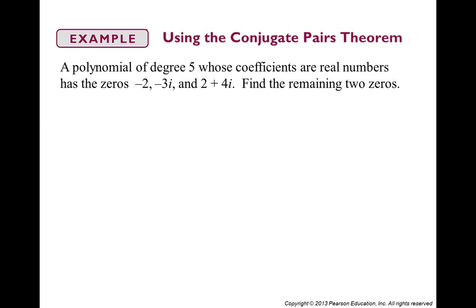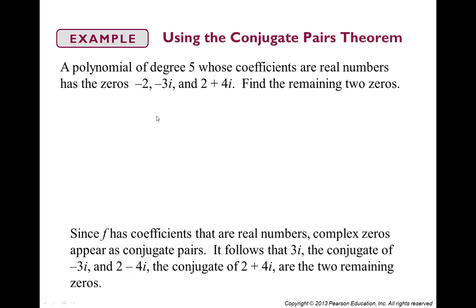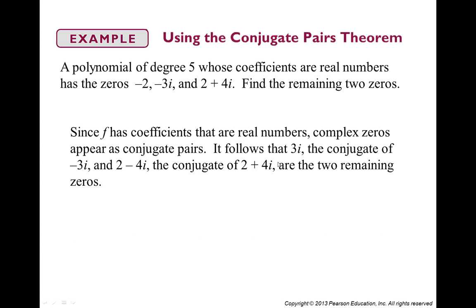A polynomial of degree 5, whose coefficients are real numbers, has zeros -2, -3i, and 2 plus 4i. Find the remaining two zeros, because there are the same number of zeros as the degree. Our first zero is -2, so we write that. But we look at our complex numbers and write the conjugates.